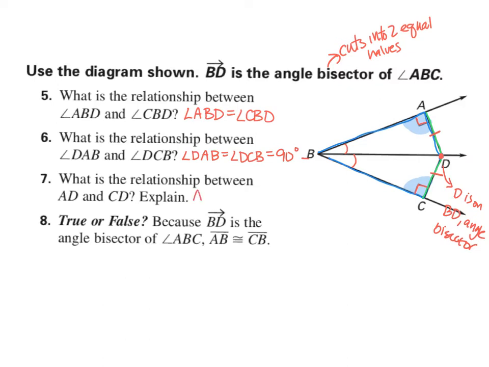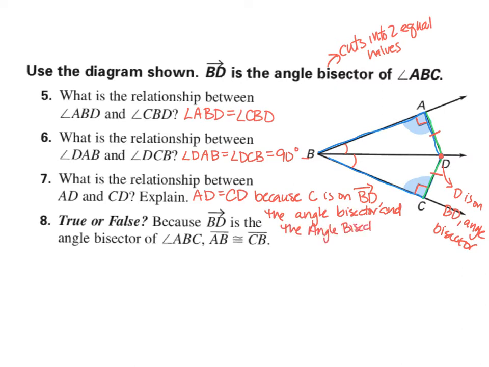So we can say that AD equals CD because D is on BD, the angle bisector, and the angle bisector theorem allows us to draw that conclusion.